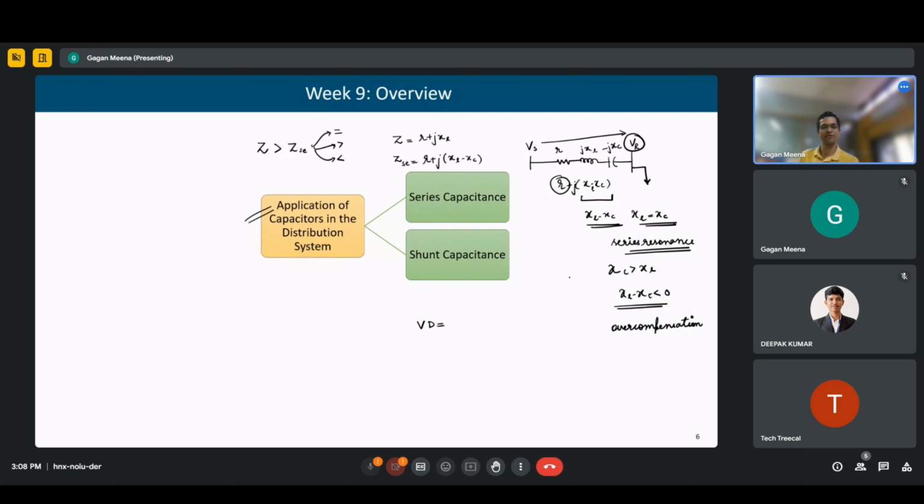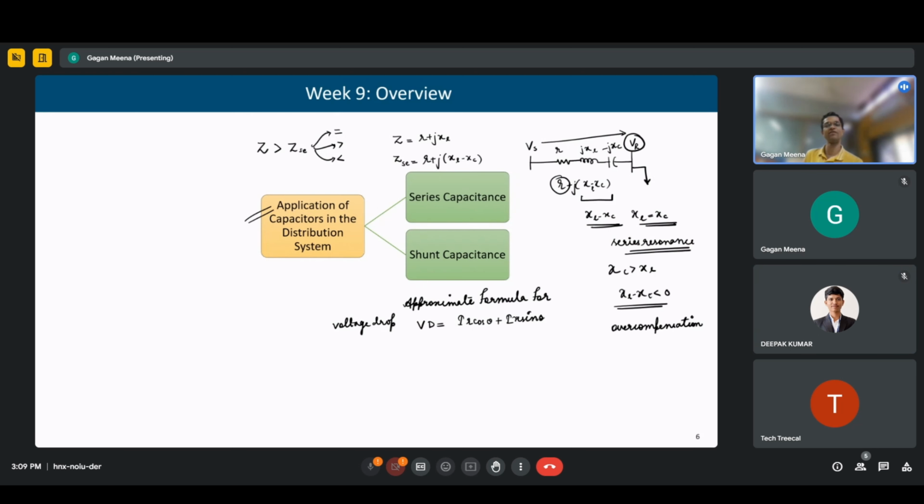Do you remember what was the approximate formula for voltage drop? Is this correct? Yes, sir. So we discussed this.